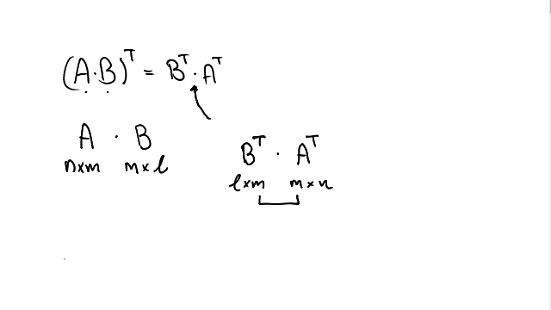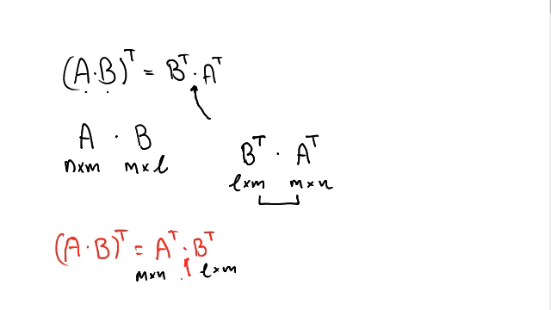This is really a hint of why this formula cannot be true. It cannot be true because this product is not necessarily allowed. A transpose is M by N and B transpose is L by M, and we have not required N and L to be the same number. So this must be wrong.